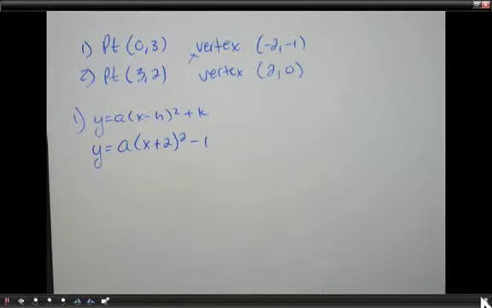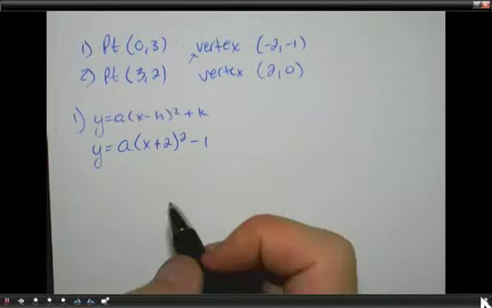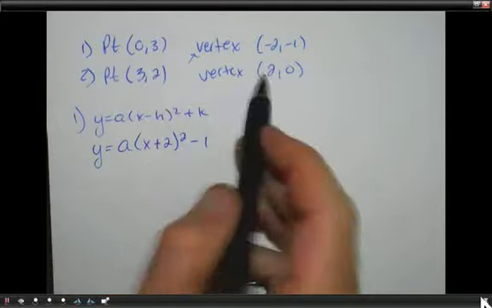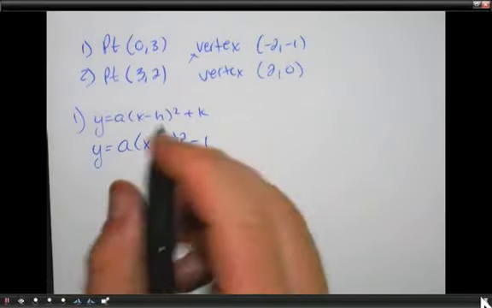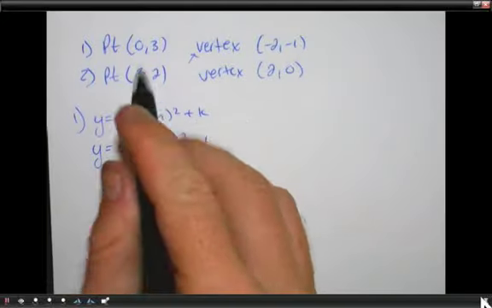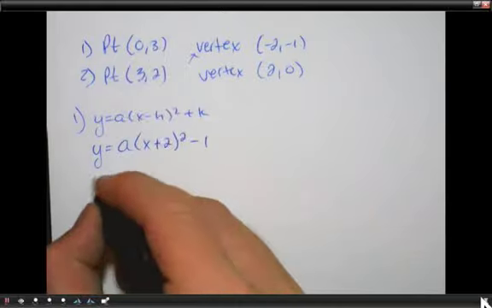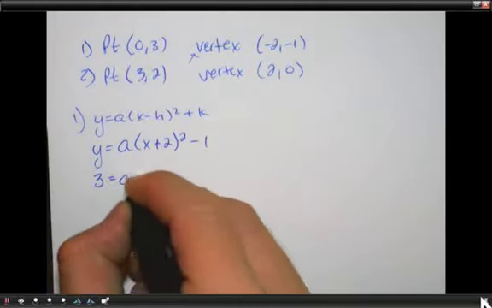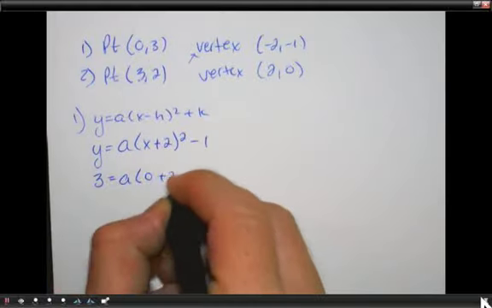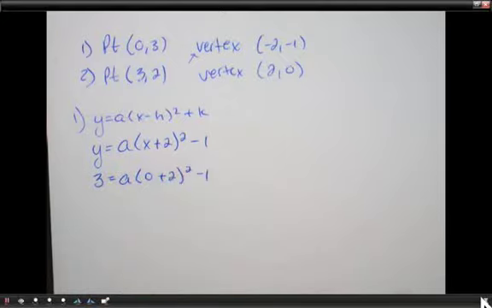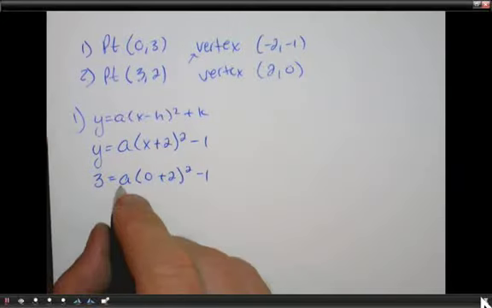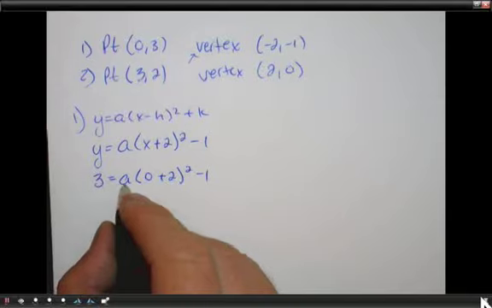Well, in order to figure out what a is, I have to use that other point that's been given. That other point is the point 0, 3, and that means when x is 0, y has to be 3, so I'm going to just plug those in. And now you notice that a is the only thing left as a variable, so I can solve for that.